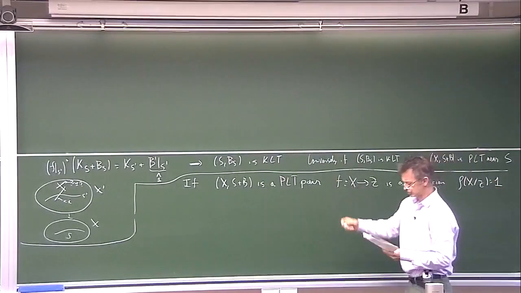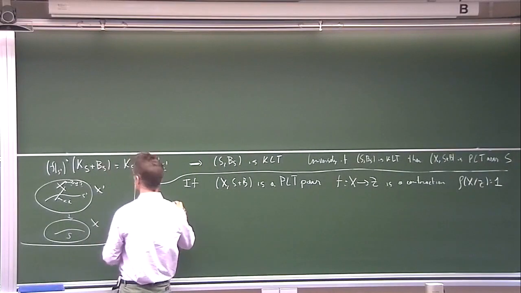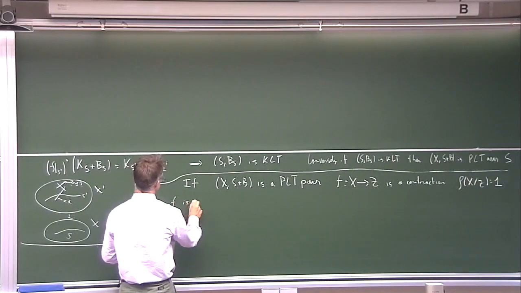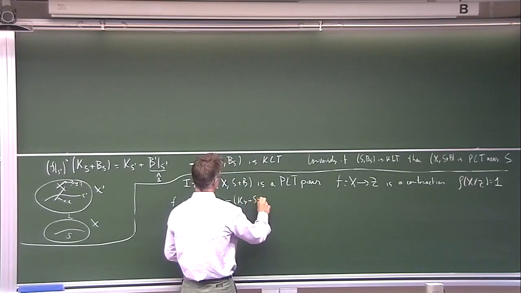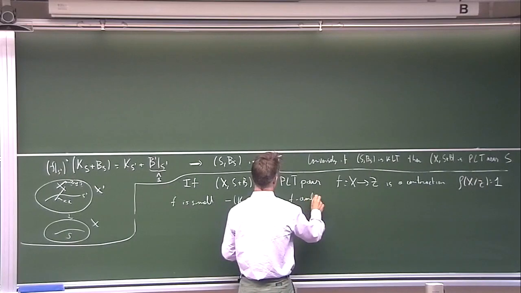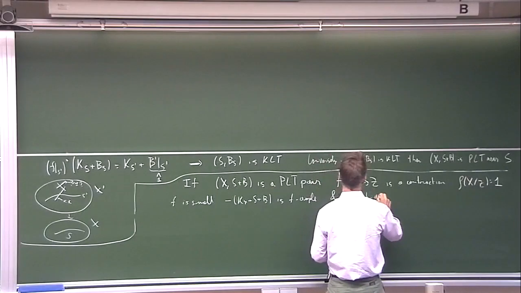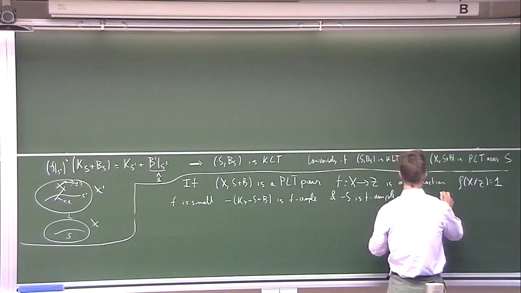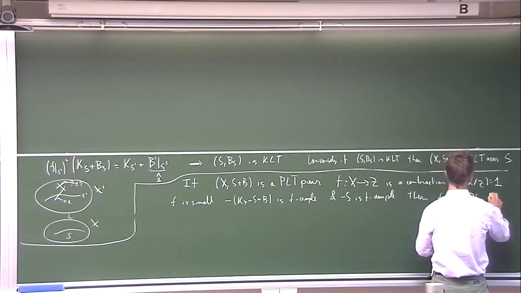I won't write it, but I'm still assuming that X is Q-factorial. And f is a contraction, f is small, -(K_X + S + B) is f-ample, and -S is f-ample. Then we say that f is a PL flip.